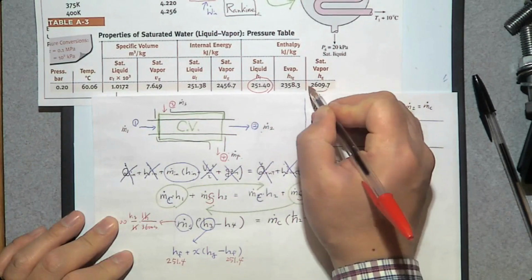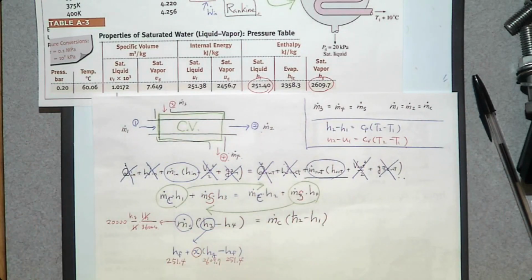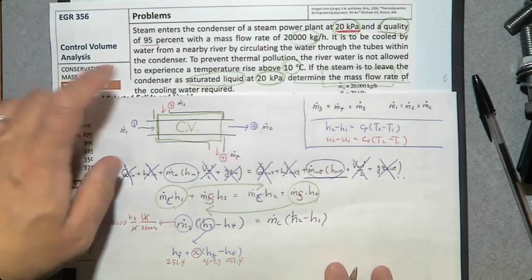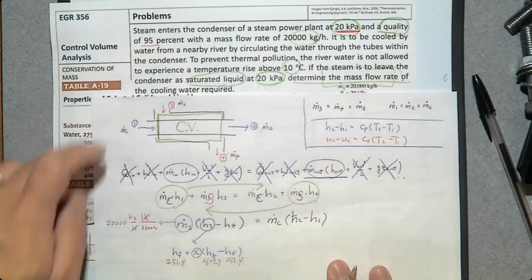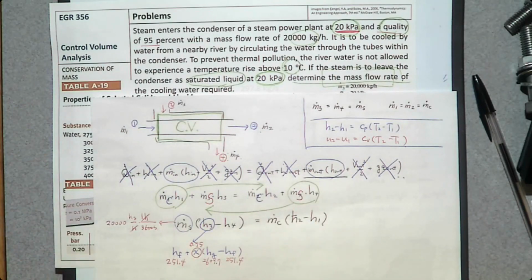This is Hg, 2609.7. What about this quality X that is given? What is the quality X? 95%. 0.95. So that's how you determine H3.